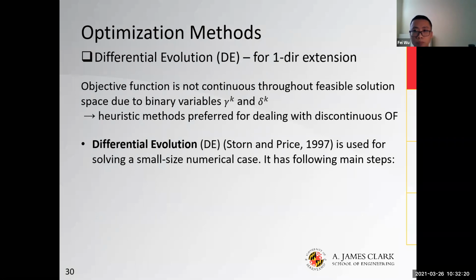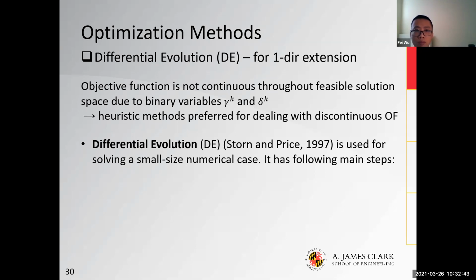Right. So here we are coming to the solution method for optimizing the extension. As for the one direction extension, we use the differential evolution method proposed by Storn and Price in 1997.